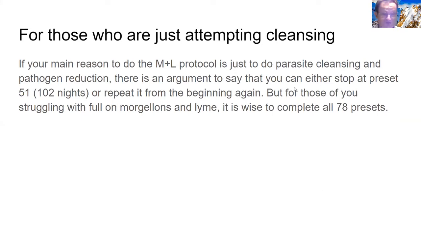Then if you want to, go straight back to the beginning again. But if you are struggling with proper Morgellons and Lyme, complete the protocol, go right through it. 102 nights might sound like a lot, but it isn't. I've done herbal parasite cleanses that lasted 3 or 4 months.